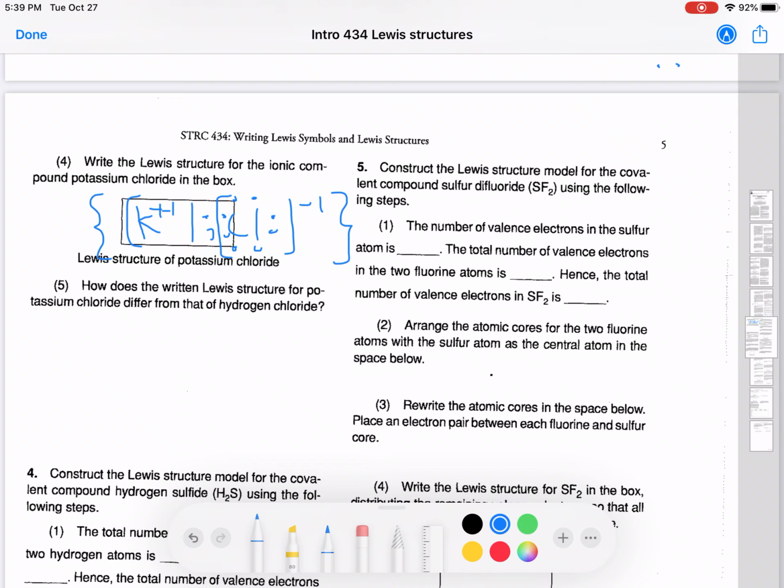Potassium plus 1, and then chloride Cl minus: potassium chloride.